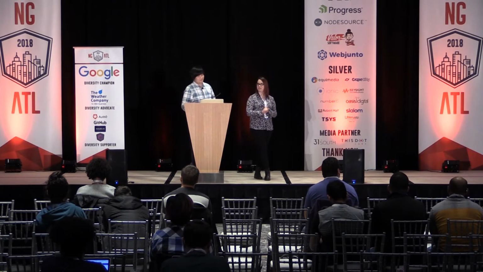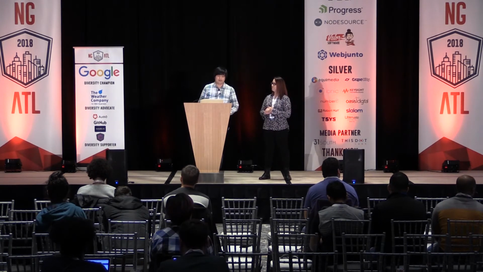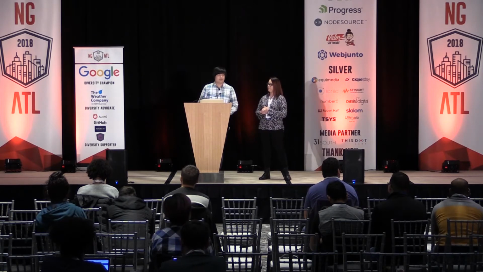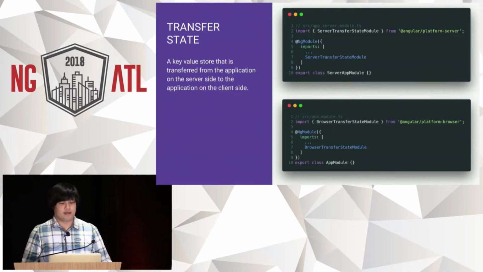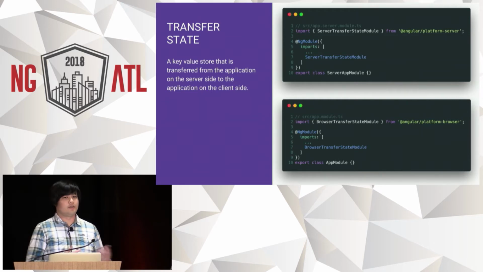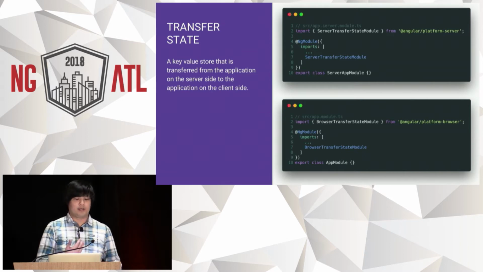Are you convinced? All right, let me go through some more advanced techniques you can use while doing server-side rendering. So the transfer state API was released recently in 4.3, and it allows you to transfer data between the server and the client. So as I mentioned before, there's actually two applications at play here, and the first one that happens is a server, and the second one is basically independent and happens on the browser.